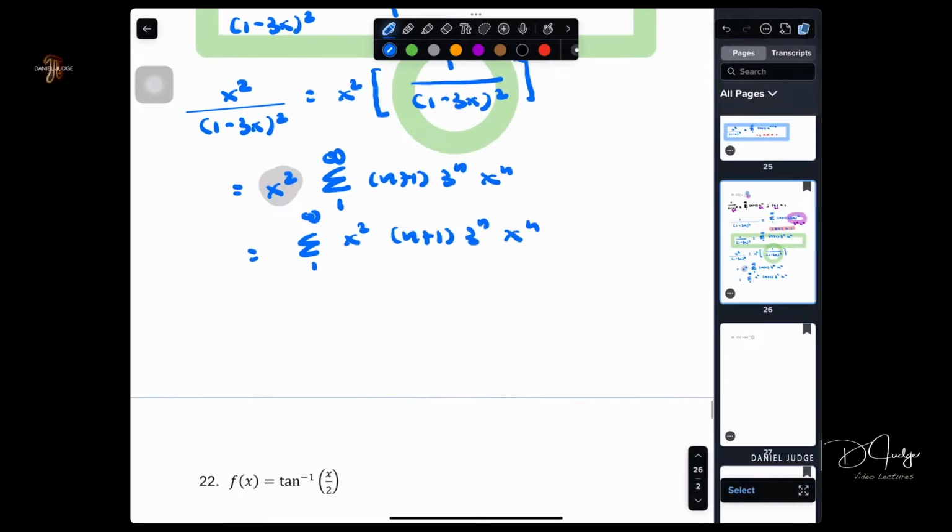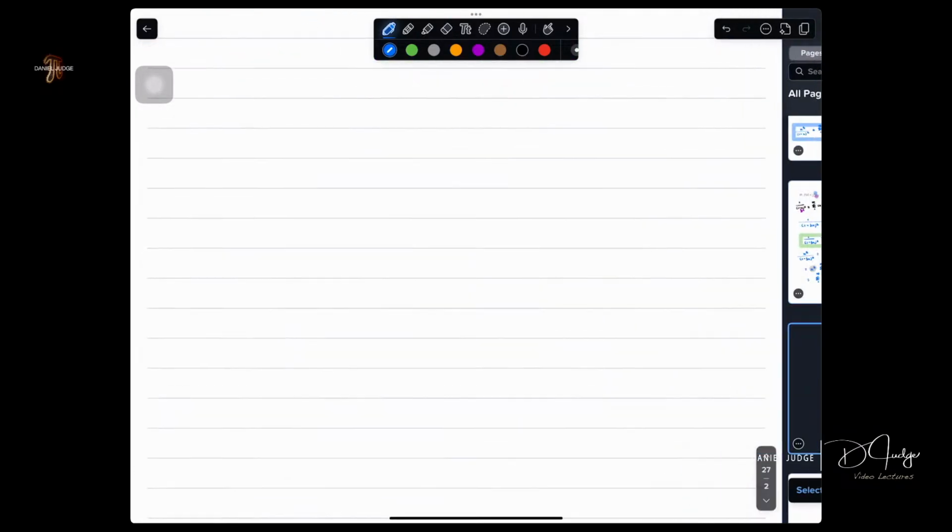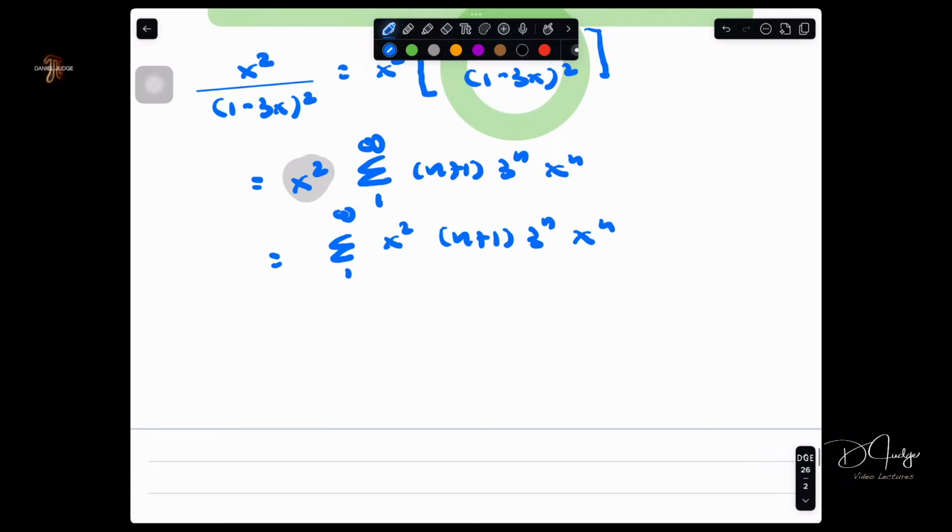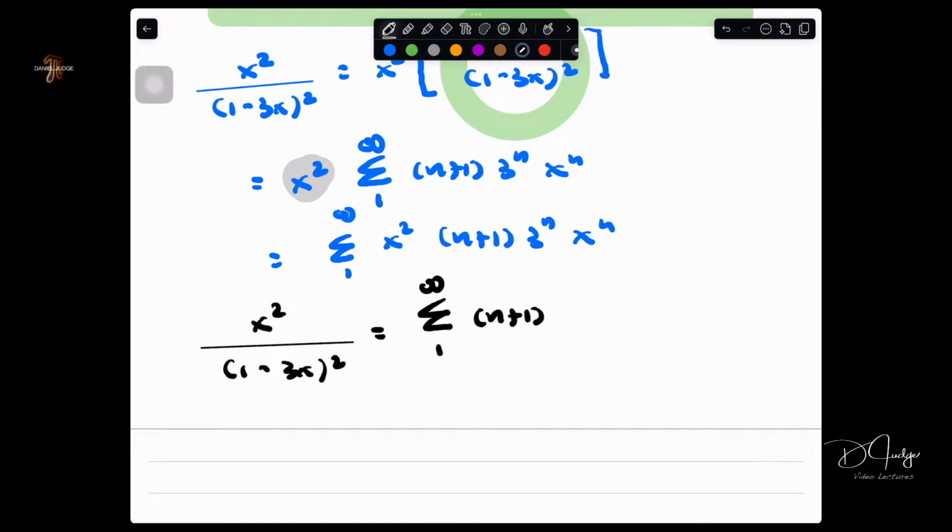And the final answer will be x squared over 1 minus 3x equals the summation from 0 to infinity of n plus 1, 3 to the n, x to the n plus 2.